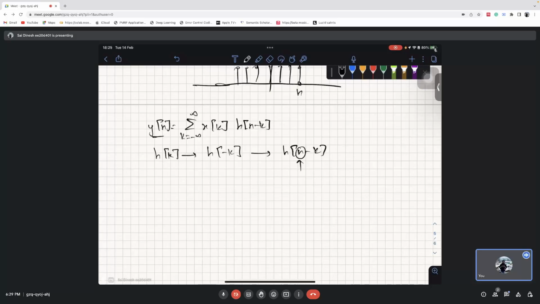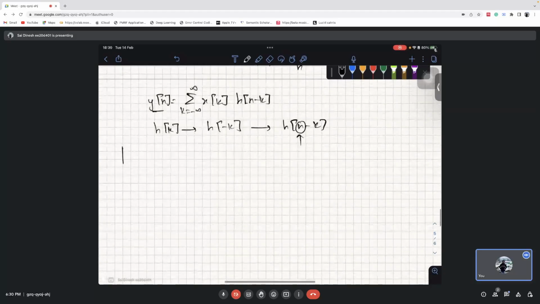So for y of 0 you shift it by 0 samples. For y of 5 you shift it by 5 samples to the right. Then you multiply x of k with h of n minus k, and you sum up the resulting signal. That will give you the value of the output signal at that particular time instant, y of n.